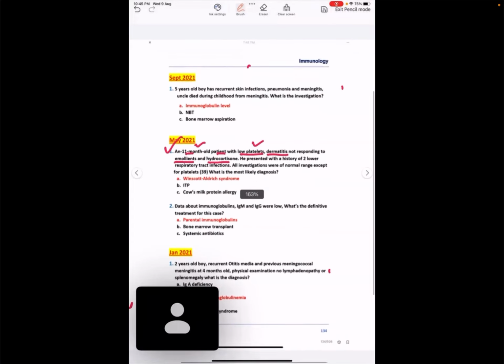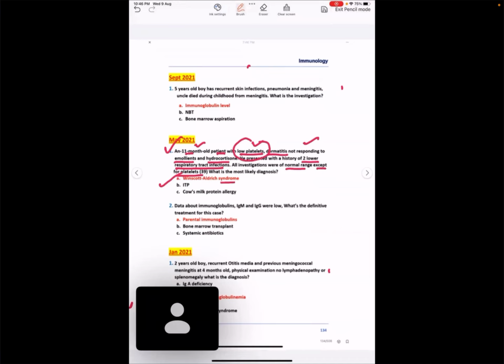He presented with a history of 2 lower respiratory tract infections. All investigations were of normal range except thrombocytopenia, platelet 39. What is the most likely diagnosis? I said any immune deficiency with low platelet, straightforward, go towards the diagnosis of Wiskott-Aldrich syndrome.